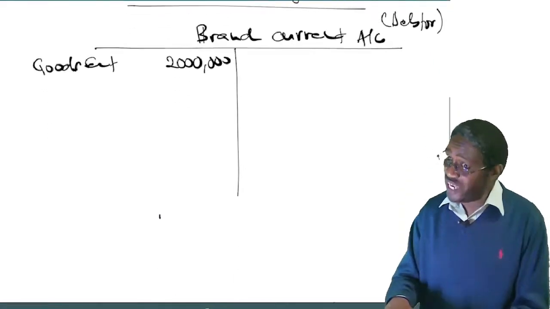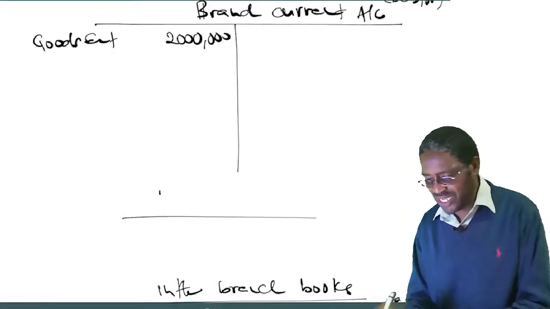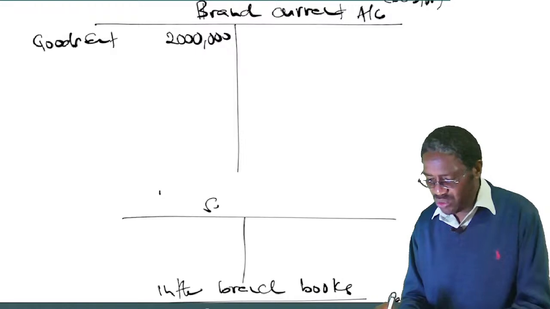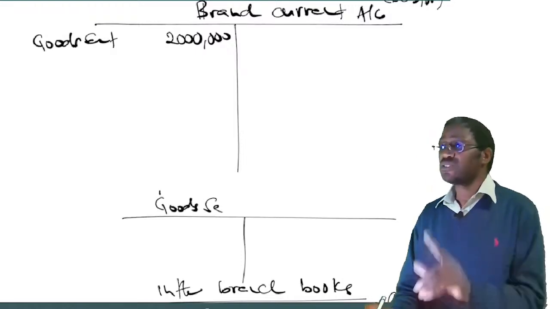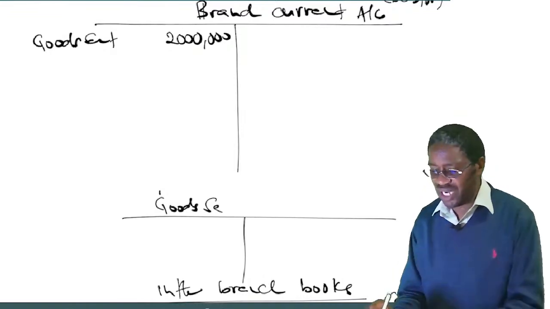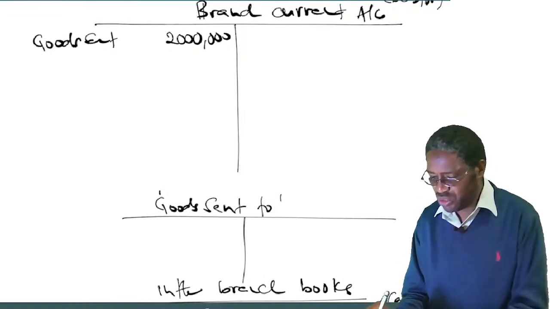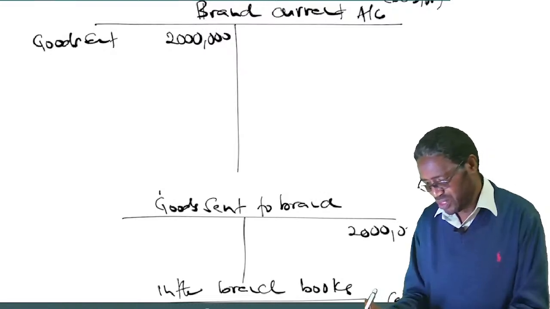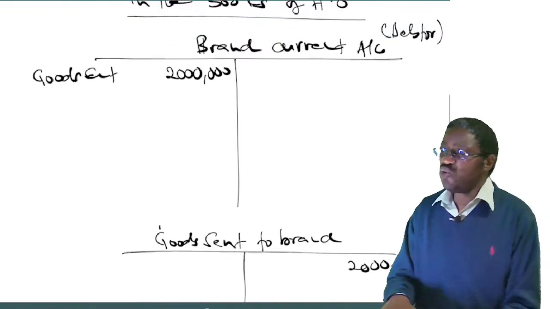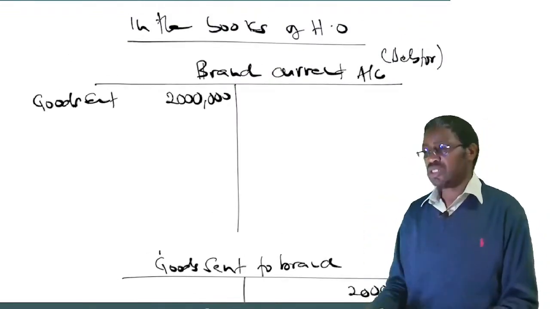So that's one of the entries: when you, as a head office, send goods to your branch, you will debit branch current account and credit goods sent to branch. That is 2 million. So that way you have charged the branch with that 2 million.